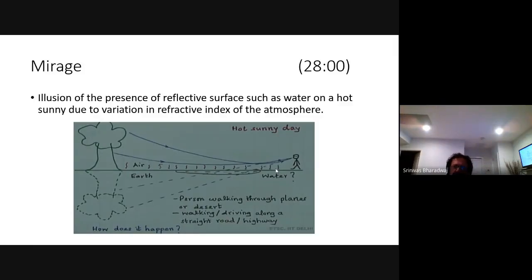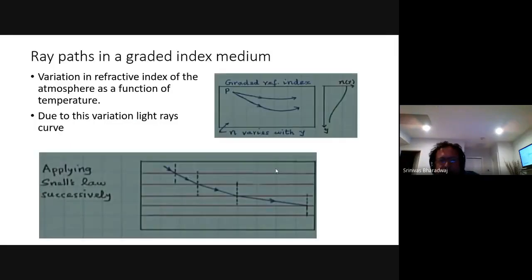So there is a bending due to variation in the refractive index of the atmosphere, between rare atmosphere where there is no water, and where there is a little bit of water vapor, which tends to have a small amount of refractive ability.